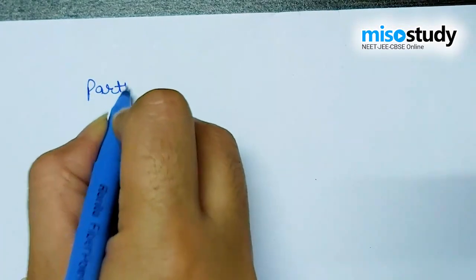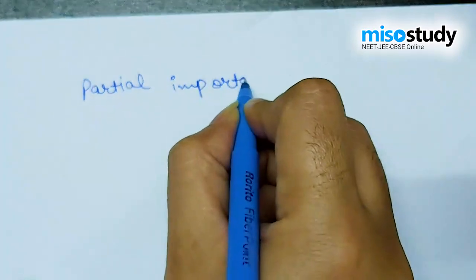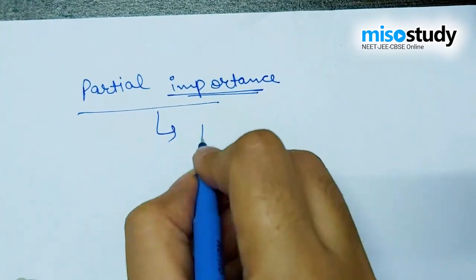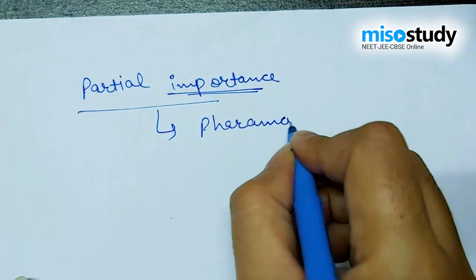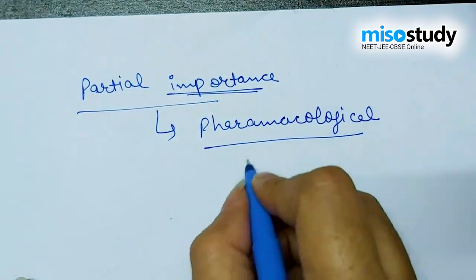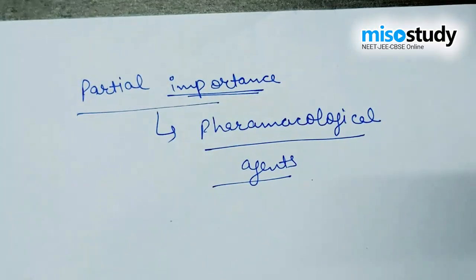And along with new molecule investigation, they help to categorize the partial importance of the terpenoids regarding pharmacological agents.